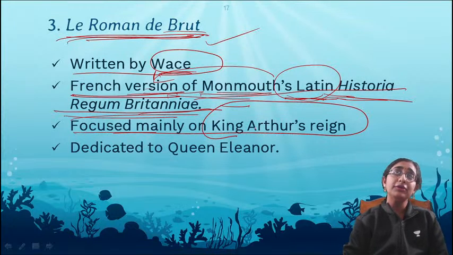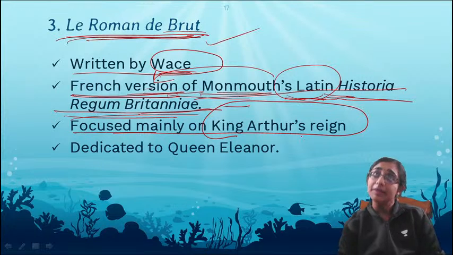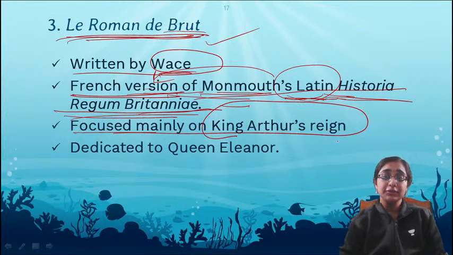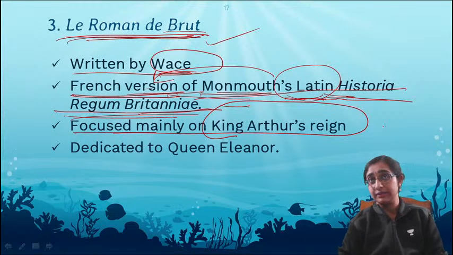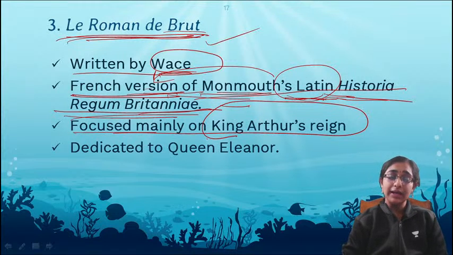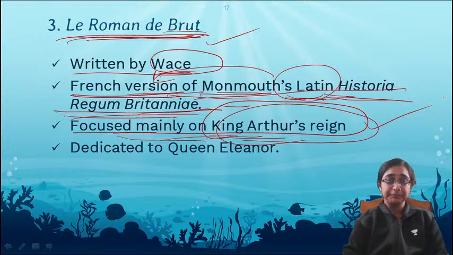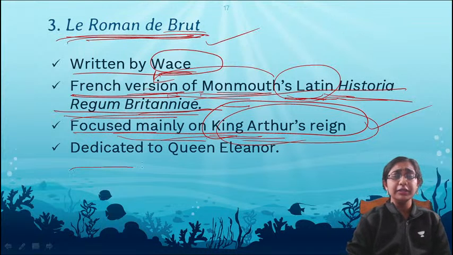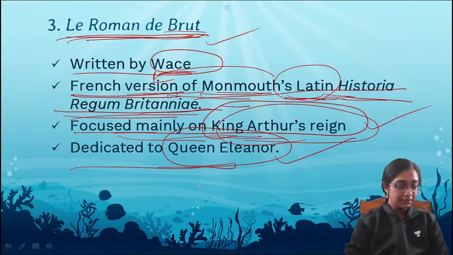As I have already told you, King Arthur was a very important figure in Middle English literature. So you can see here that each and every chronicle has a reference to King Arthur. This chronicle mainly deals with King Arthur's reign, and it is dedicated to Queen Eleanor.